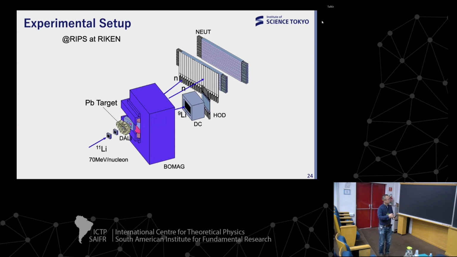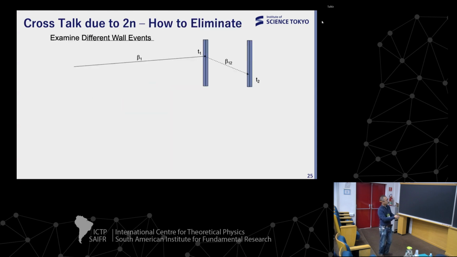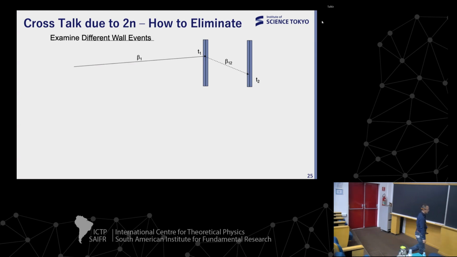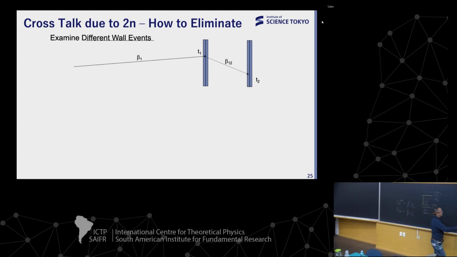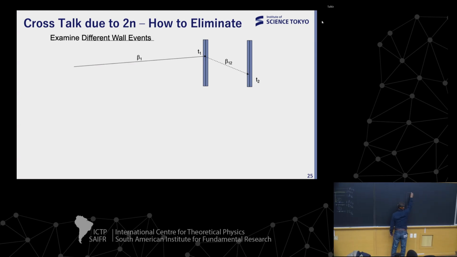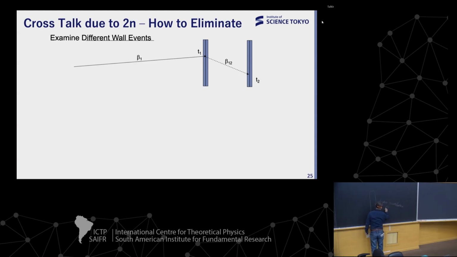So the scintillators, maybe I can just show you here. Plastic scintillators are made of basically carbon and hydrogen.